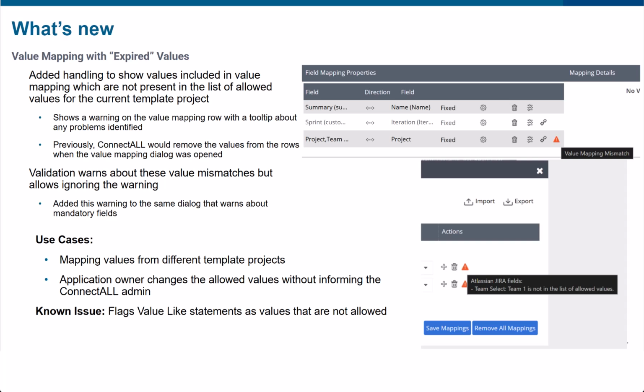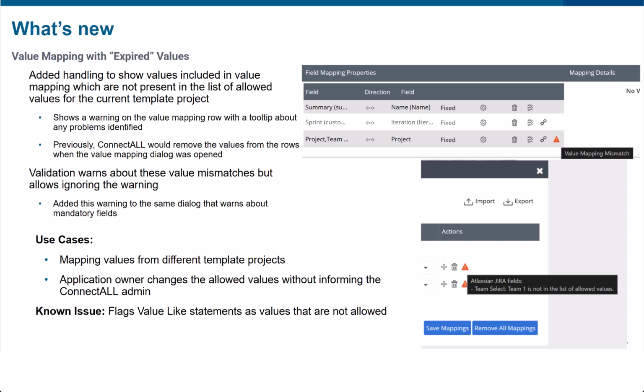We warn about these mismatches, but we don't block you from saving. And that's because there's valid reasons to save when not all of the values are in the list of allowed values. For example, if you have a different set of values in different template projects, this functionality lets you change your template project and keep the value mappings for both projects in a single field mapping set.